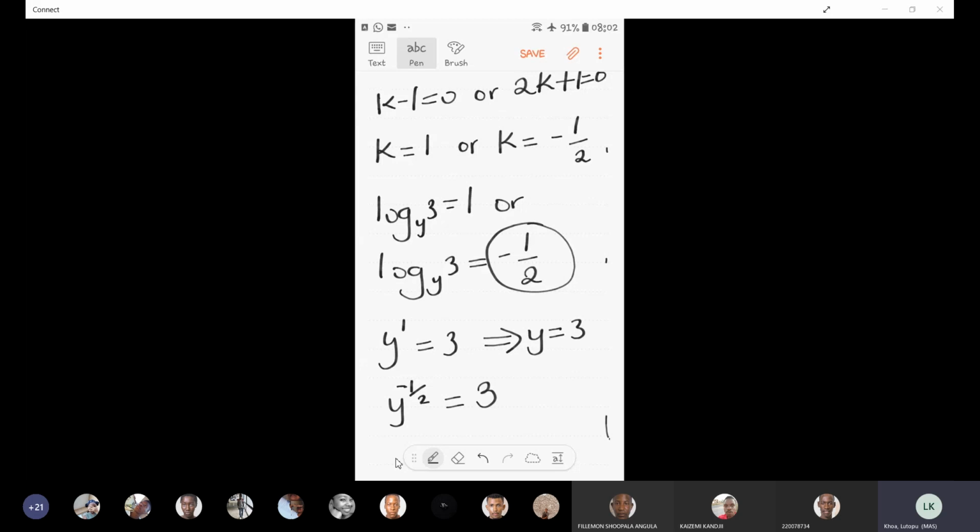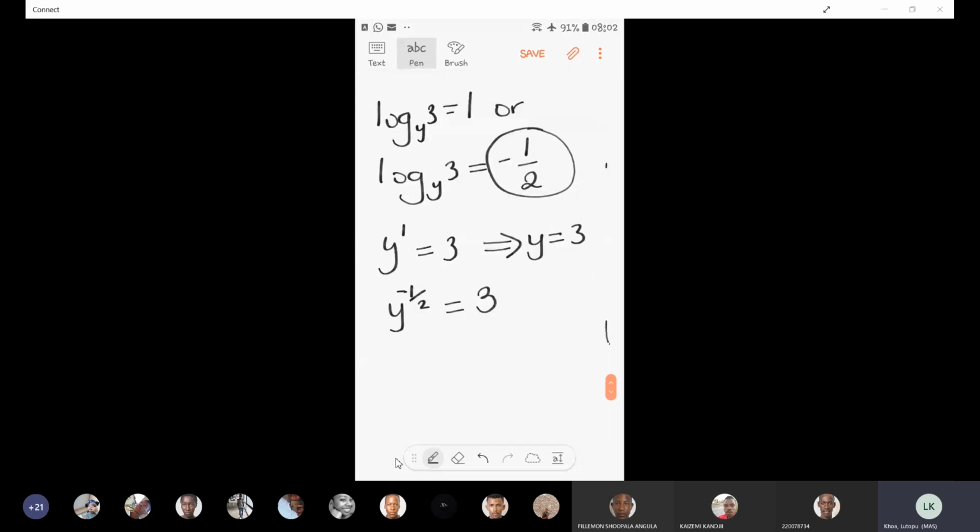So what you can do, you want to get rid of this minus a half. What you can do is raise both sides to the power of minus 2. So I have y to the power of minus a half, all to the power of minus 2, equal to 3 to the power of minus 2.